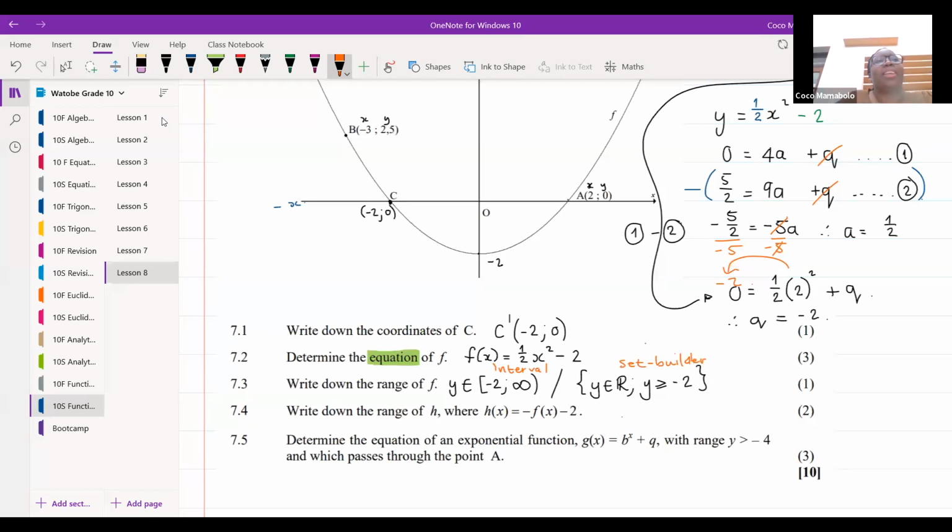Okay, Jasmine, what's up? Just a tip for the range thingy. Infinity and beyond, right? So think about Buzz Lightyear. Basically, yes, because he's going on and on and on forever to infinity and beyond.